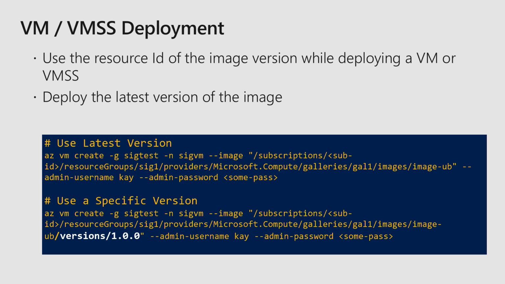We also have a concept of a latest version, so you don't even need to know what the latest version in that image definition is. You can just pass in the resource ID of the image definition, and we'll figure out the latest version in it. So this example is of the latest version, whereas this example, the text in white, is deploying a specific version.